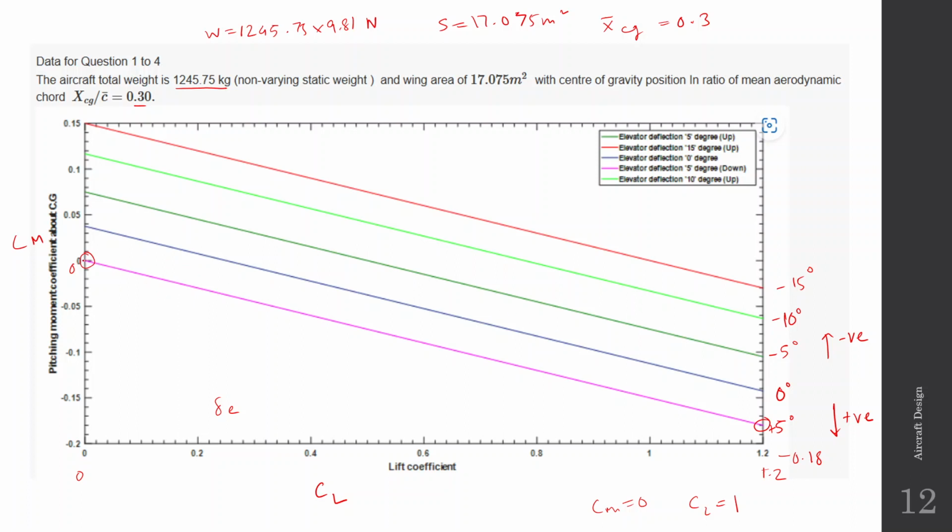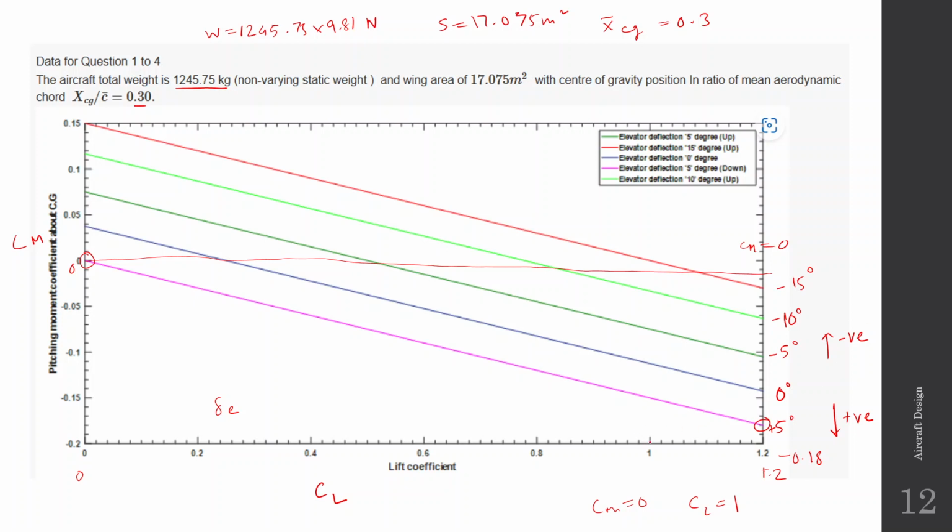So this is the Cm graph, and Cm has to be 0, right? So I've drawn a line at Cm equal to 0. Similarly, now I have to draw a line for Cl equal to 1.